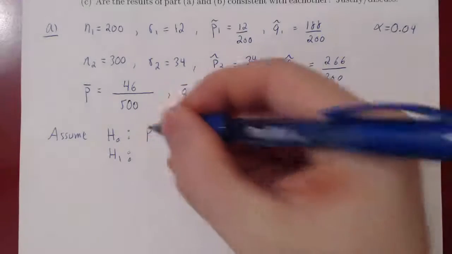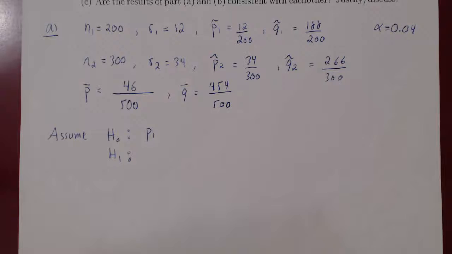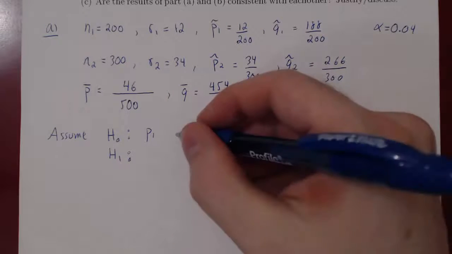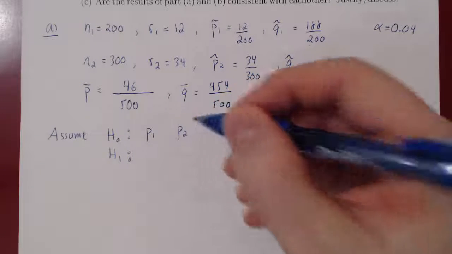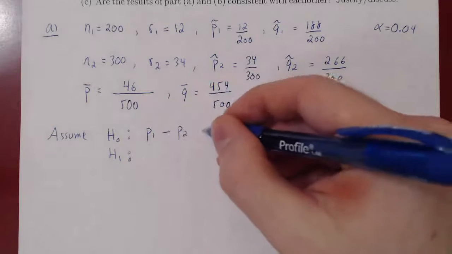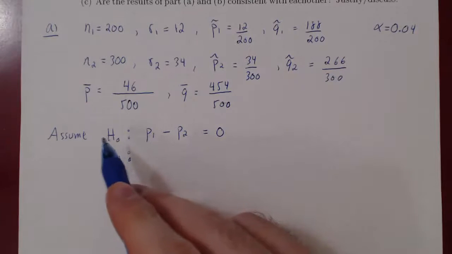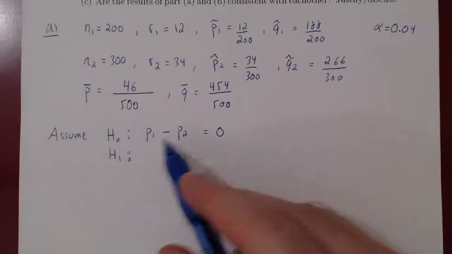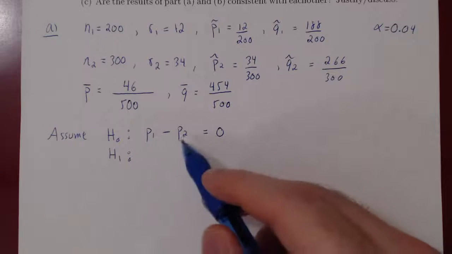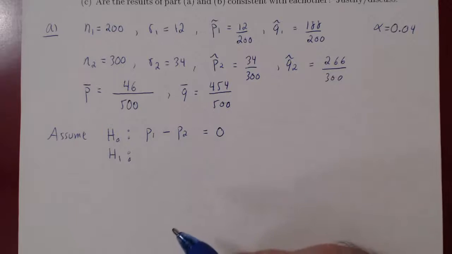So if P1 is the true proportion of defective USB keys manufactured by factory 1, and P2 is the true proportion of defective USB keys manufactured in factory 2, their difference under H naught will be assumed to be 0. So the hypothesis of no change, therefore the two proportions are equal. So the difference is 0.